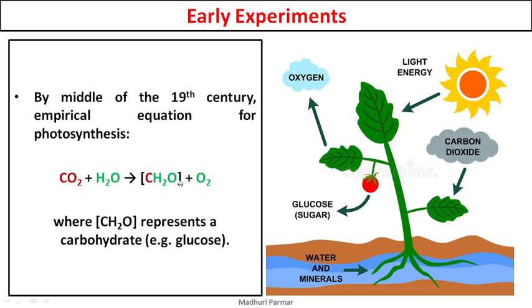There is some carbohydrate which Julius von Sachs said is glucose, or you can even call it starch, which is synthesized here. So CH2O shows the carbohydrate, and as shown by Joseph Priestley and Jan Ingenhouse, there is oxygen which is released. So this was the empirical equation, somewhat the equation of photosynthesis in the middle 19th century.